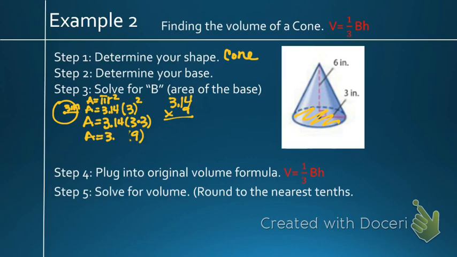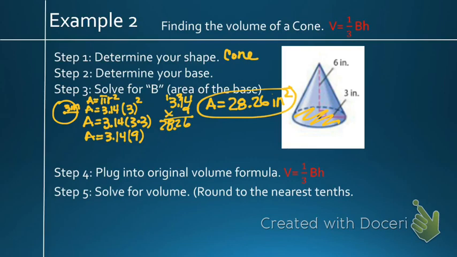Okay, 6, 9, 10, 11, 12. 2 behind the decimal. So our big B, our area, is 28.26 inches squared. Again, this is just the area of the base.